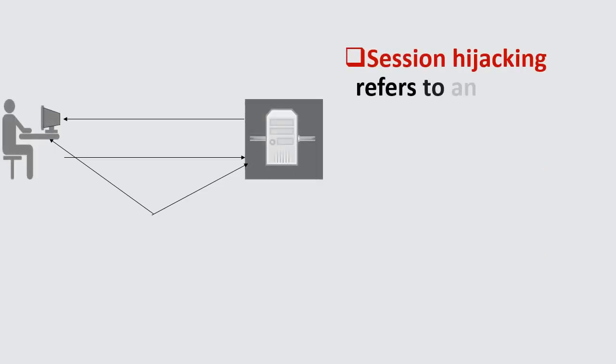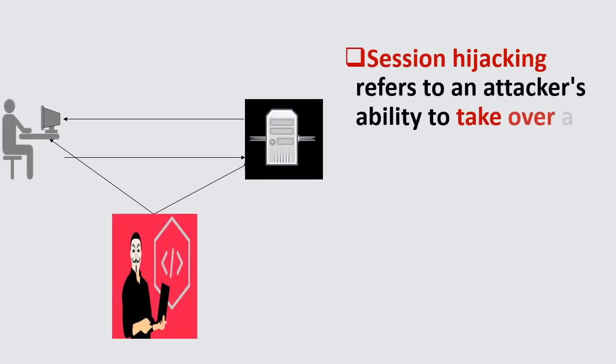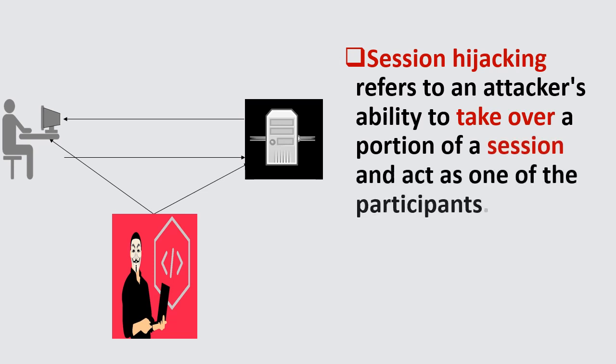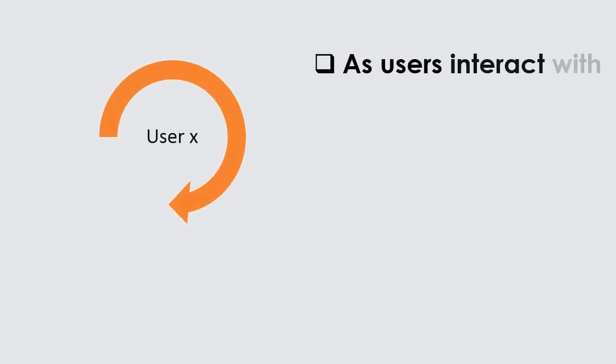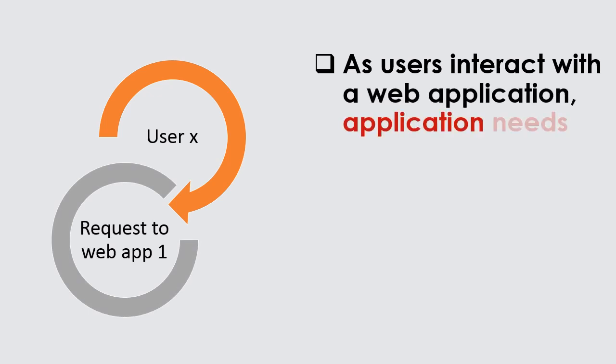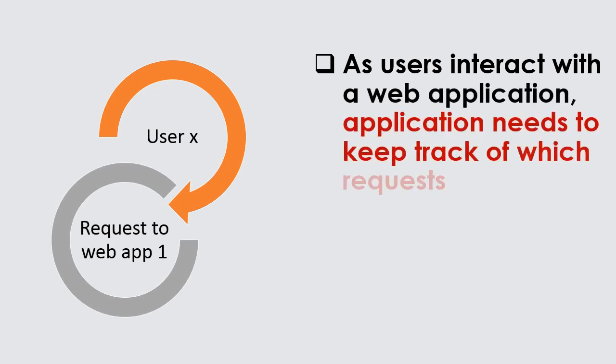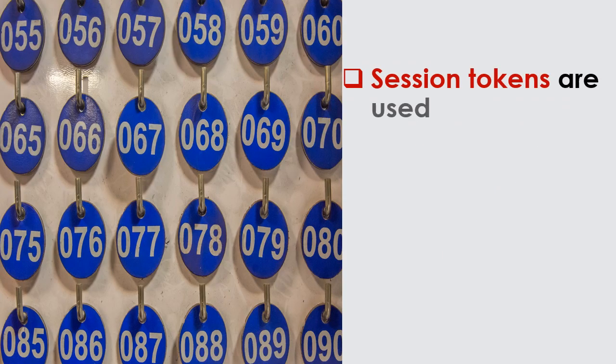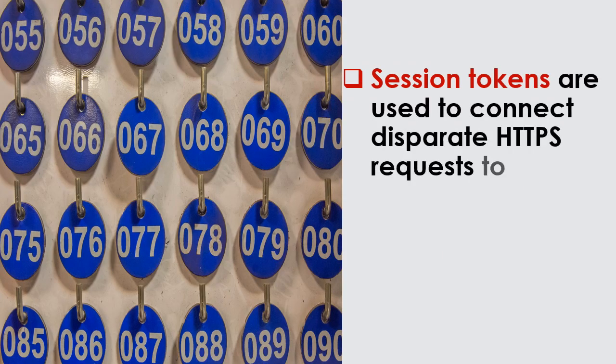Session hijacking refers to an attacker's ability to take over a portion of a session and act as one of the participants. As users interact with a web application, the application needs to keep track of which requests came from which users. Session tokens are used to connect disparate HTTPS requests to a single user.